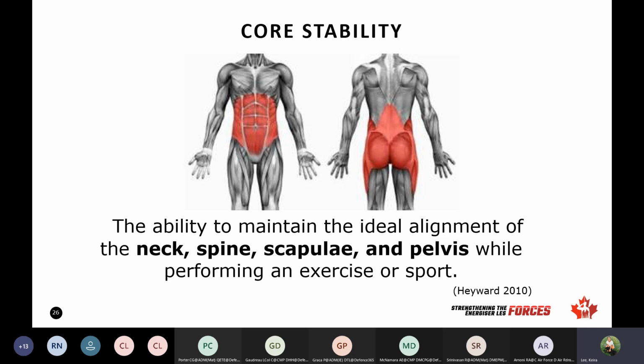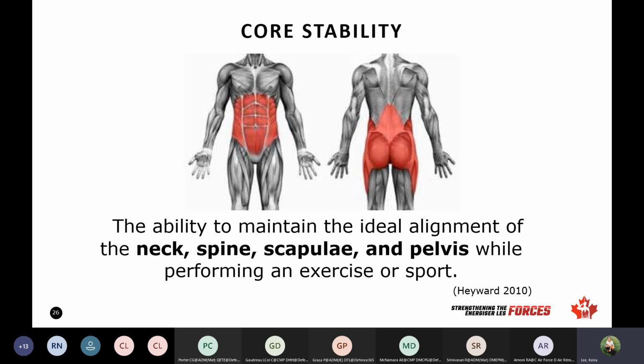On top of adopting good posture to help reduce compression forces on the spine, we want to work on our spine strength and spine stability. The core actually includes muscles that stabilize the hip, muscles that make up our torso on the front, sides, and back of the body, as well as muscles that stabilize the shoulders.